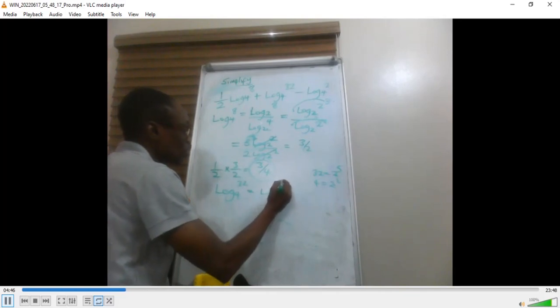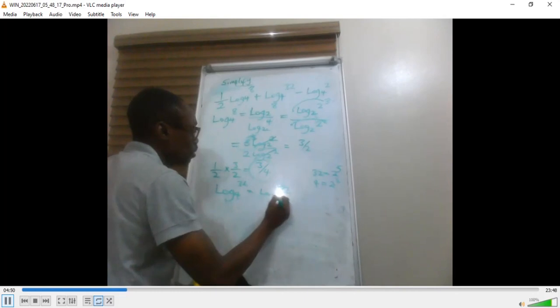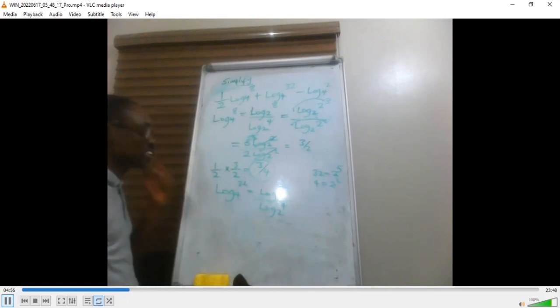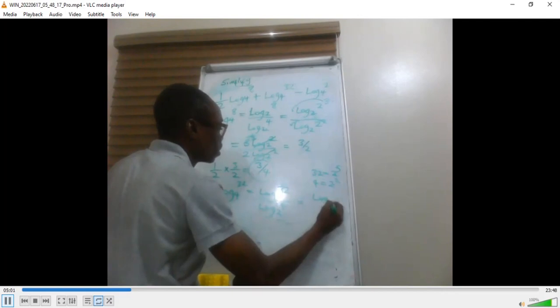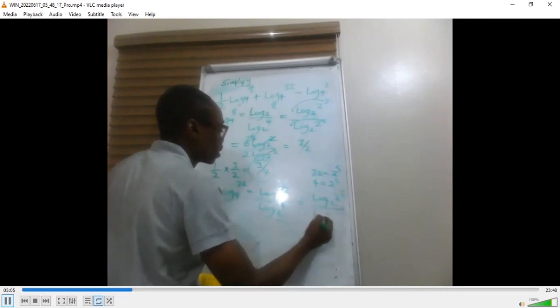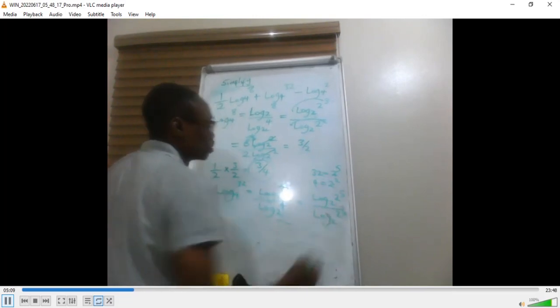So this is going to be log 32 to base 2 over log 4 to base 2. So this is log 2 raised to the power 5 over log 2 raised to the power 2, base 2.